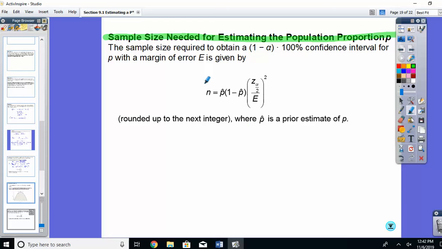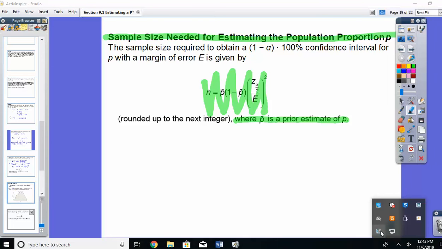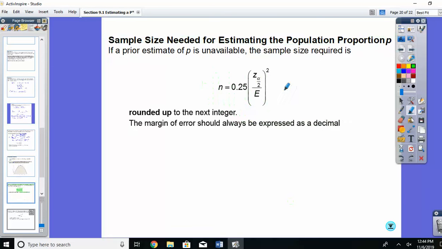We can use this formula if we know a prior estimate. Let's write that one down. If we do not have a prior estimate, then we will go by this formula.